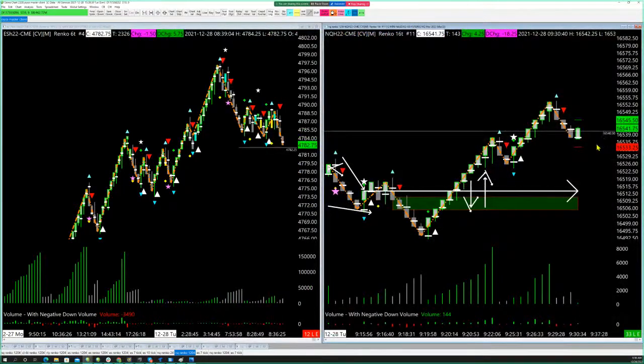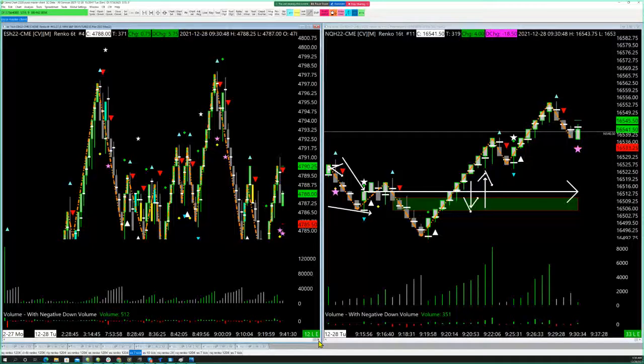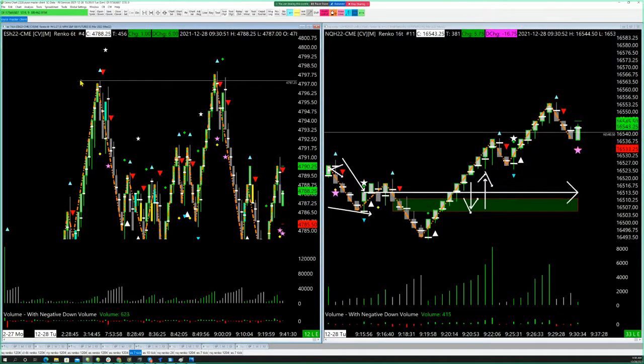Okay, so see here, if I'm looking for the short, see how I haven't gotten a short signal yet? It saves me from my own backside getting crunched, right? And then on a 6 tick on ES, it's the same thing. See how we just took out the power bar?